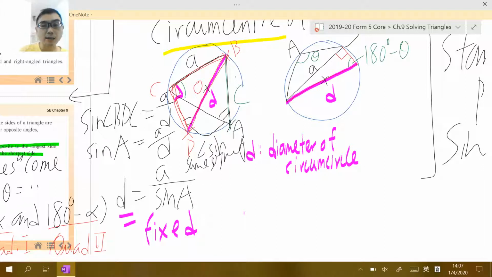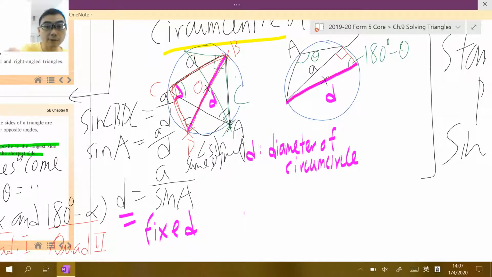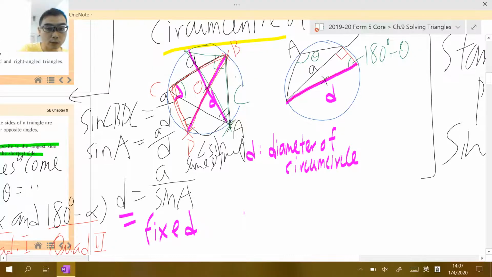I take another one, for example, take the A and then you cross like this, then you can form another right angle triangle. This length I'm showing here is also D because it also passes through the center of the circle. So you have another right angle triangle, and still you would get the answer because this angle would also be the angle in the same segment.